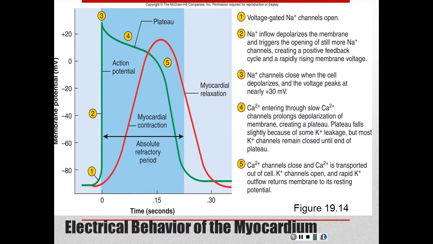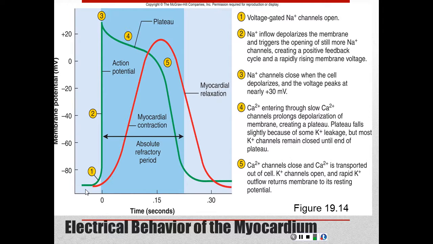Okay, I wanted to talk about this particular diagram here in figure 19.4. So when I talk about the resting potential, we're talking about this particular slide, not the slide before, I'm sorry.